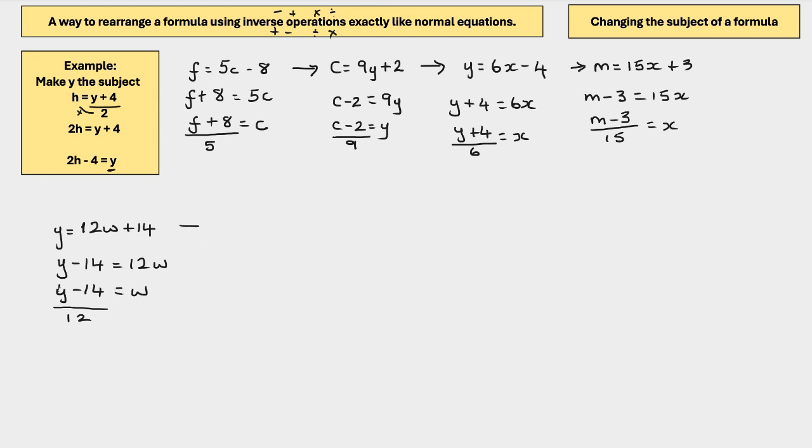Another one. Make A the subject. P equals 3A plus 3B. So what do we do now when there's two letters involved? Do exactly the same, because we need to isolate, which means get A on its own because it's asking us to find A. So all we do is take that over.